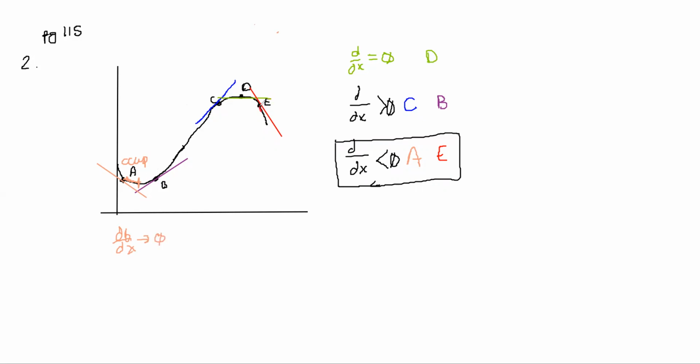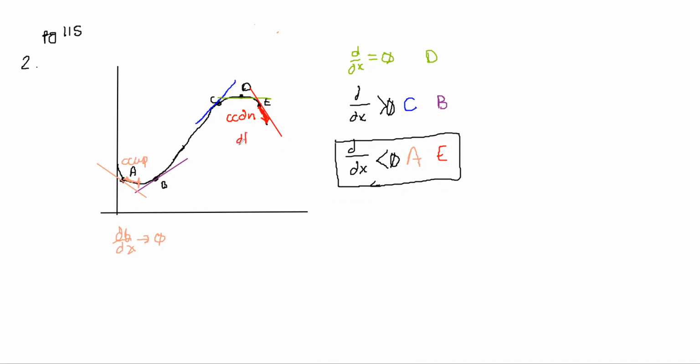what happens around E? We said it was concave down. As x increases, what happens here? Is it approaching 0 as x increases? Well, from what they give you, it looks like it's decreasing.